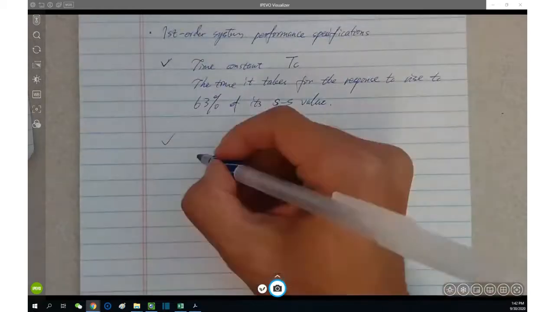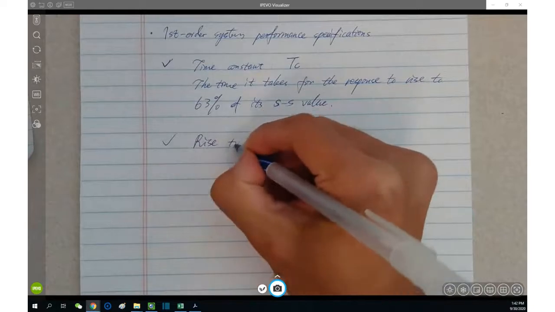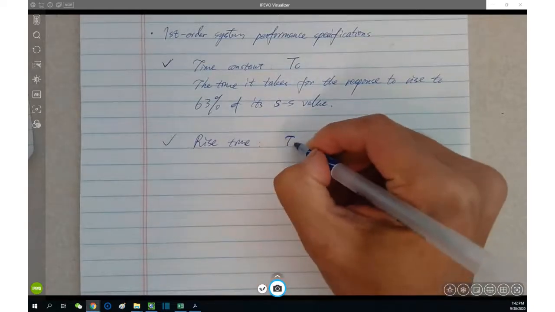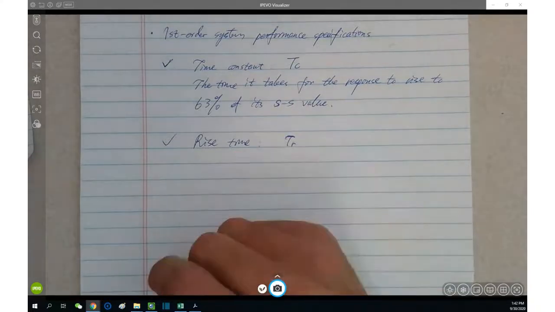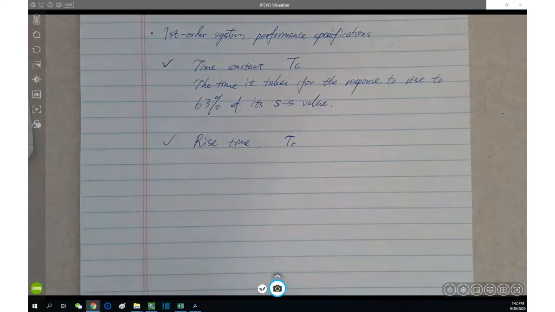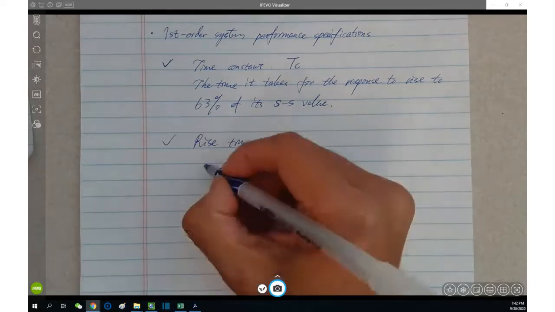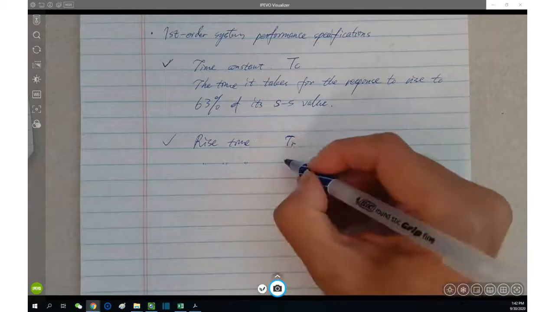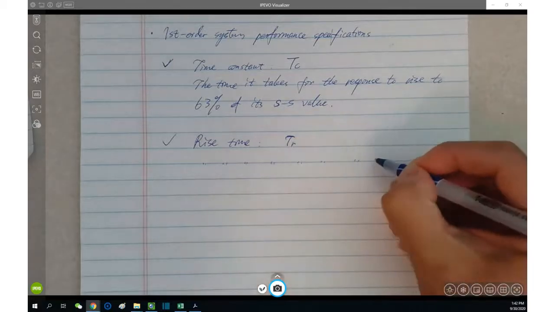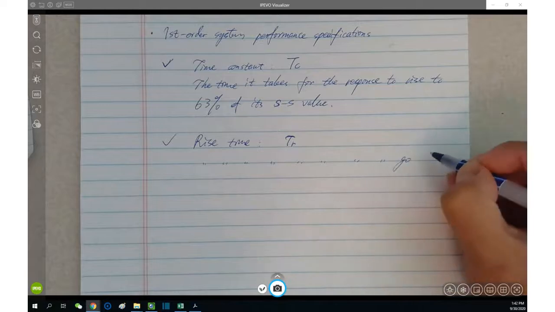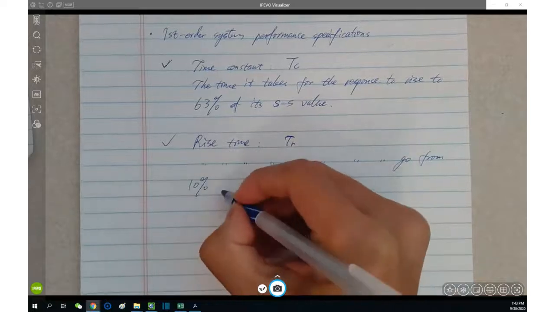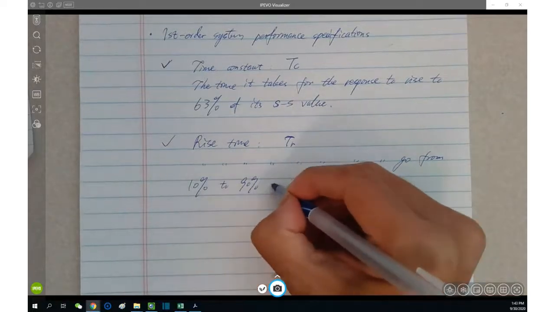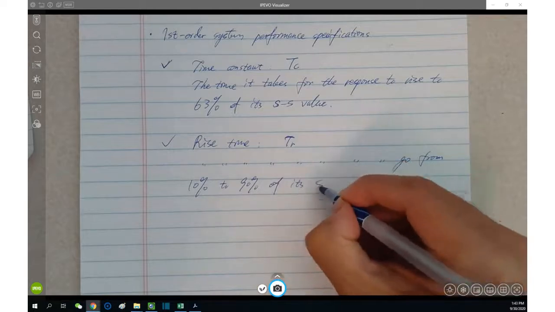Next one is rise time, T sub r. It's not surprising that it's also a value along the x-axis, right? It's not a y-axis value. Rise time means the time it takes for the response to go from 10% to 90% of its steady state value.